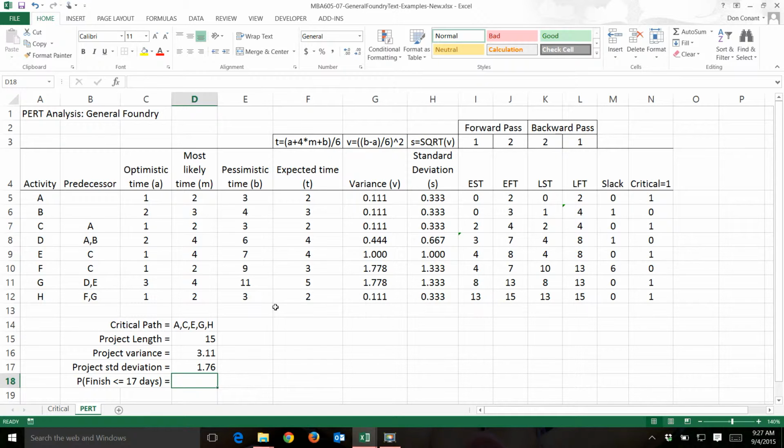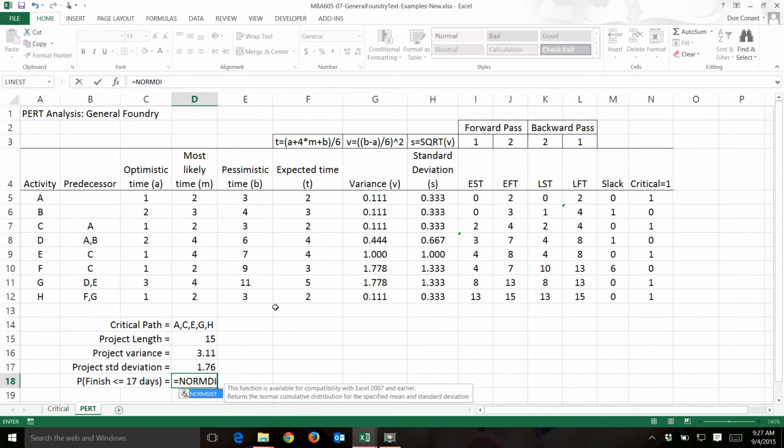We use our normal distribution function in Excel, NORM.DIST. And NORM.DIST prompts us for 4 items. It wants an X value. The X value is the length of time in days, in this case, that we're looking for, and that's 17. We're wondering about finishing in 17 days.